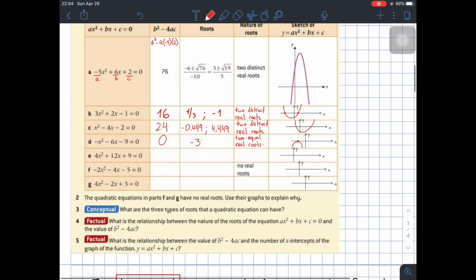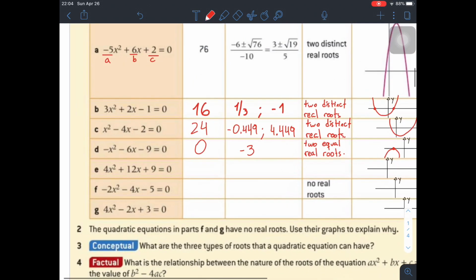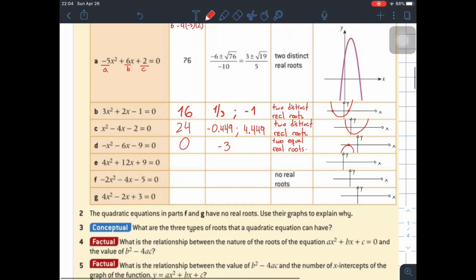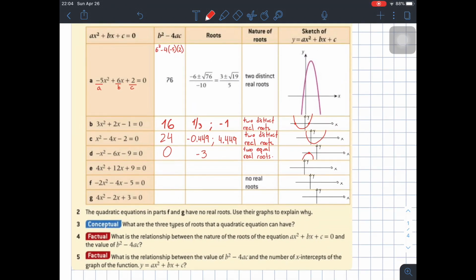We're going to see the rule in a second. Let's go to exercise E. If we calculate b squared minus 4ac, this would be 12 squared minus 4 times -2 times -9. This gives us 0 once again.